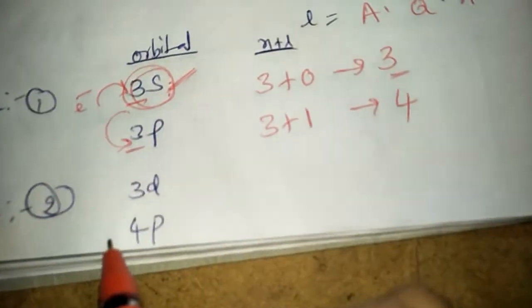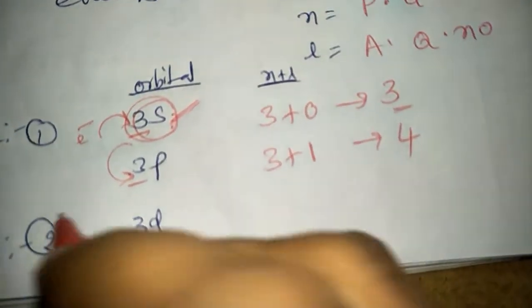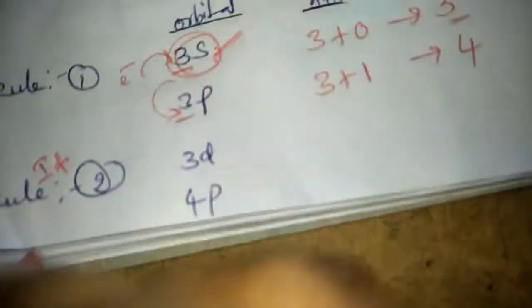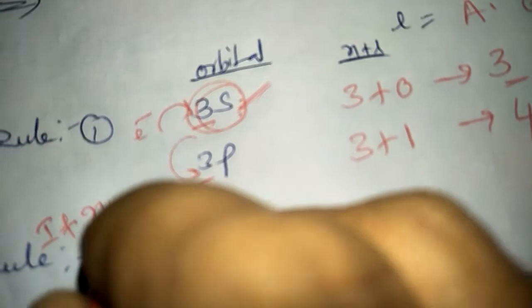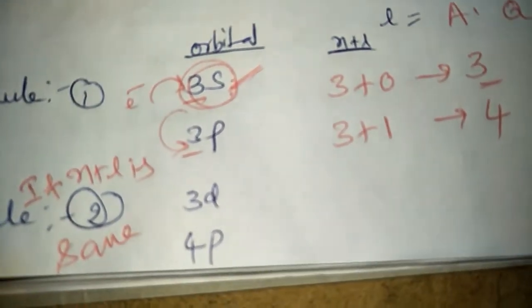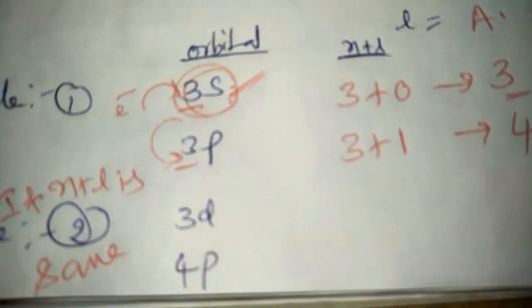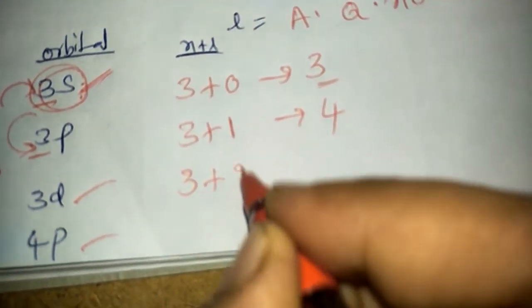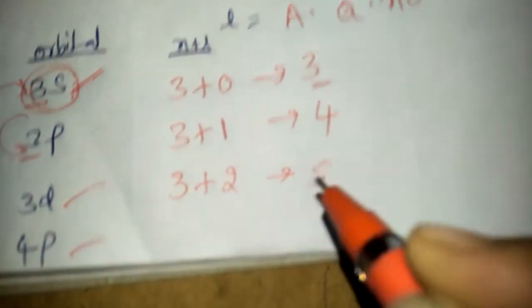Next, coming to rule 2. If the n plus l value is the same, which orbital does the electron enter? Here if we take 3d and 4p orbitals: for 3d, n value is 3, d value is 2, so total 5.